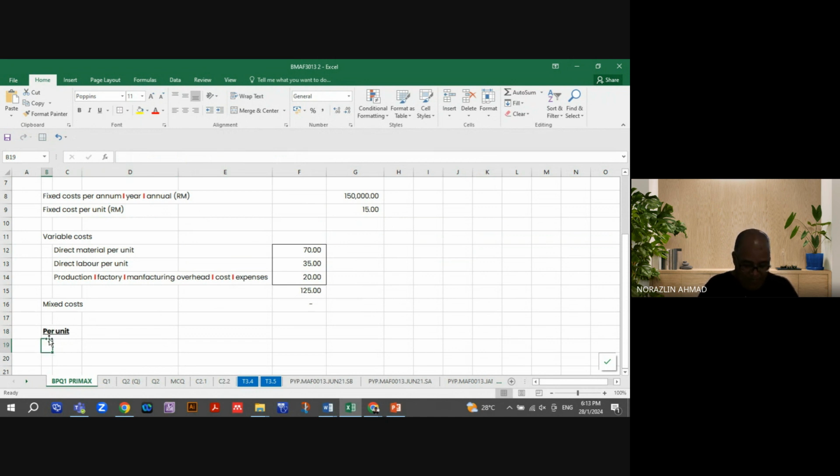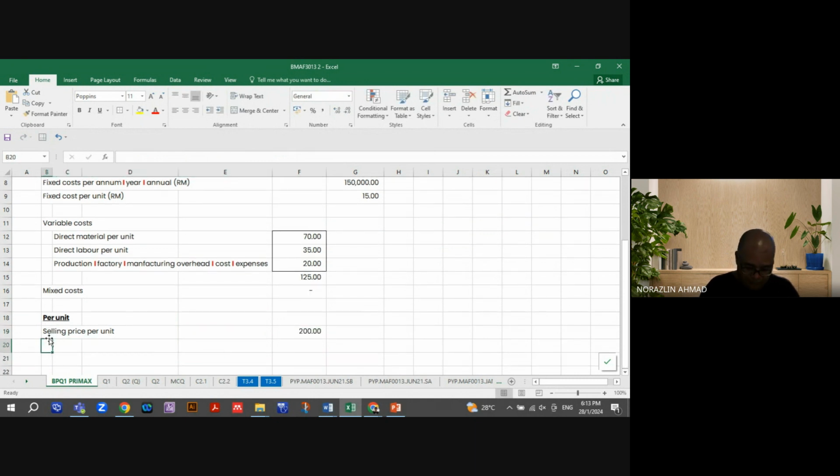Number one is selling price per unit. Selling price per unit is 200. Fixed cost per unit equals this one.